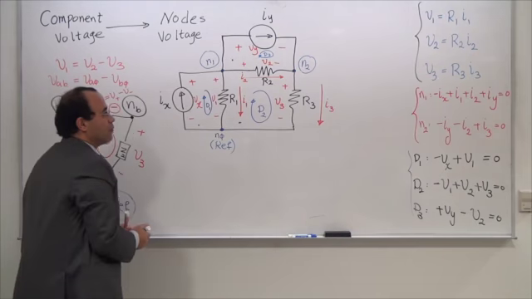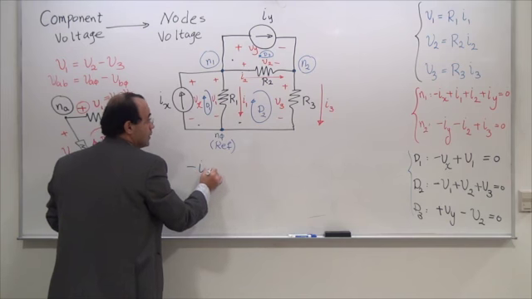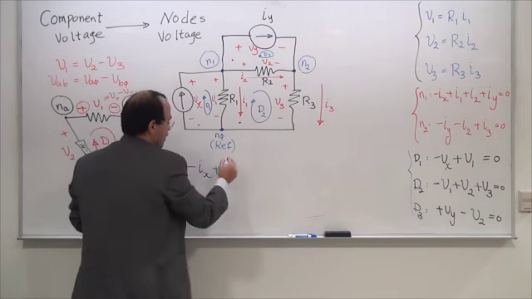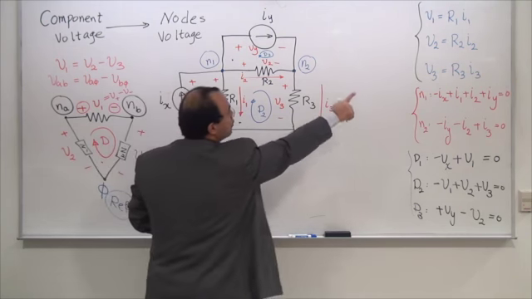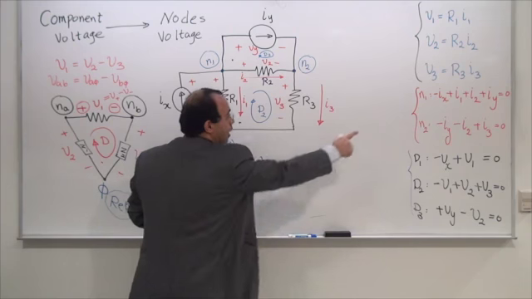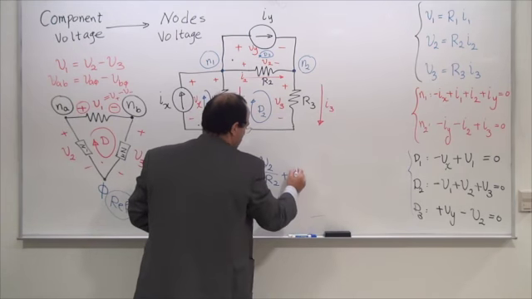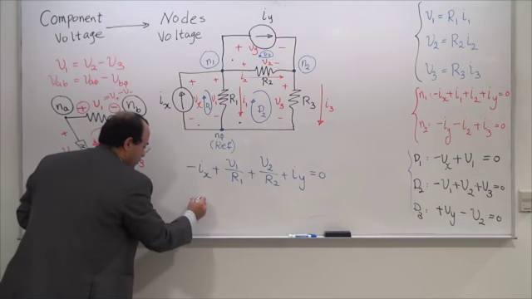As soon as I do that transformation, I'm going to say Ix minus I1, I1 is going to be V1 over R1. I2 is V2 over R2. Iy is of course known. No rush in that. Iy is known.